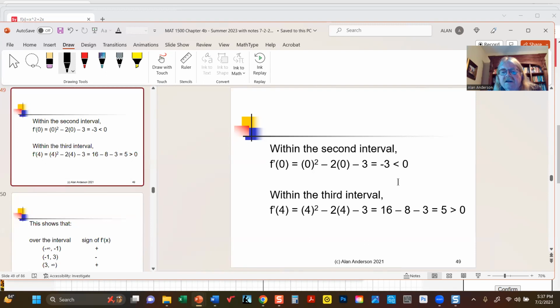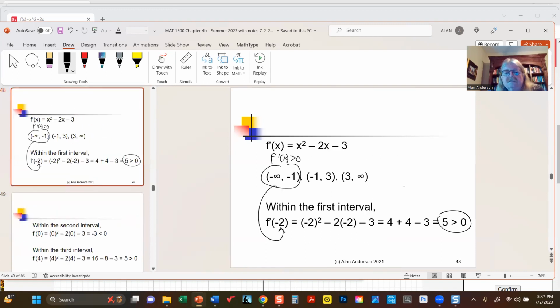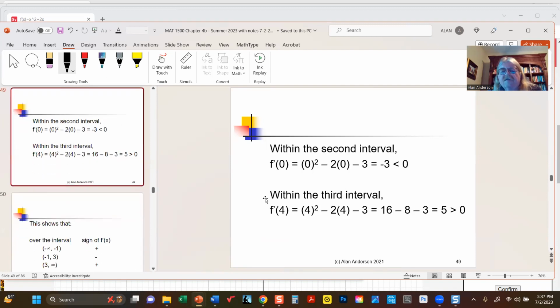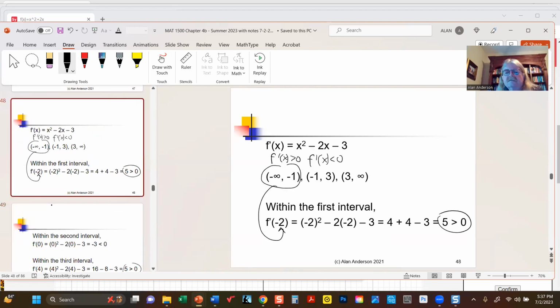And you find that it's negative. And then for 3 to infinity, we can pick, let's say, 4. And that gives us a value of 5, which means then we have a positive first derivative.